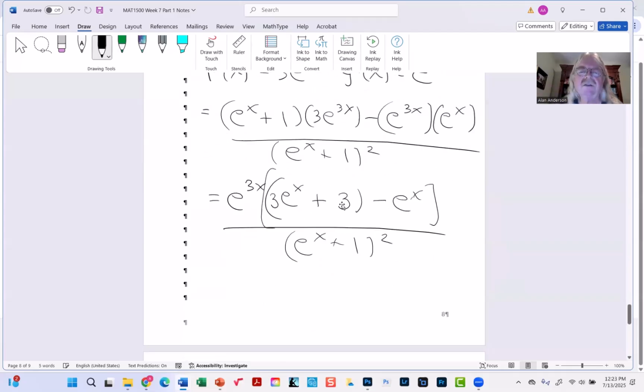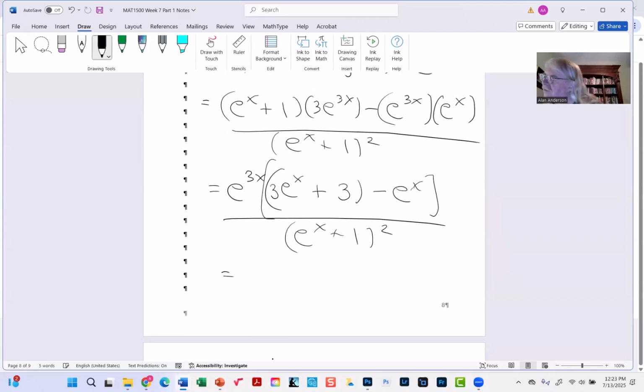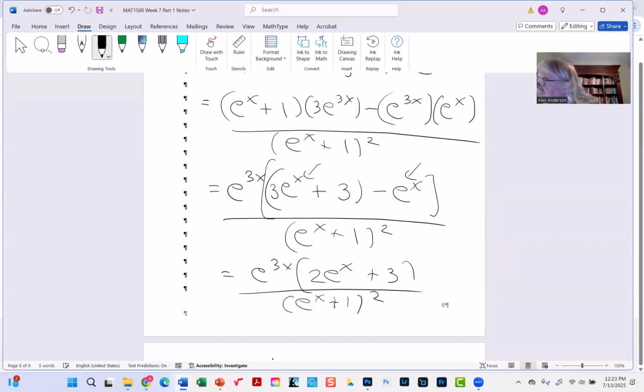Yeah, that's right. All right. So we'll reduce that to, these two add up to 2e to the x plus 3. And then we end up with e to the x plus 1 squared in the denominator.